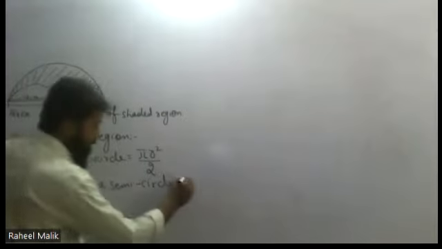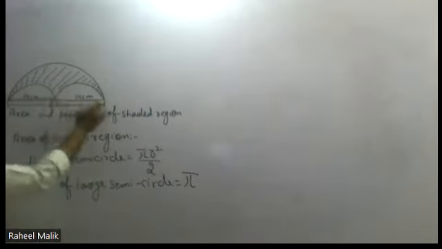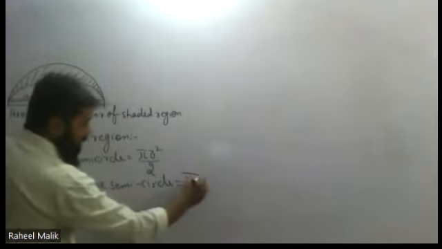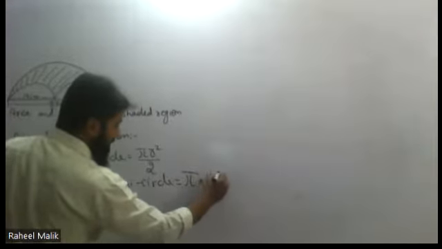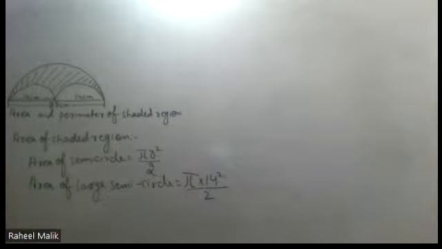So pi, radius of large semicircle, the diameter of large semicircle is 28. So the radius of large semicircle will be 14. So pi into 14 square upon 2.